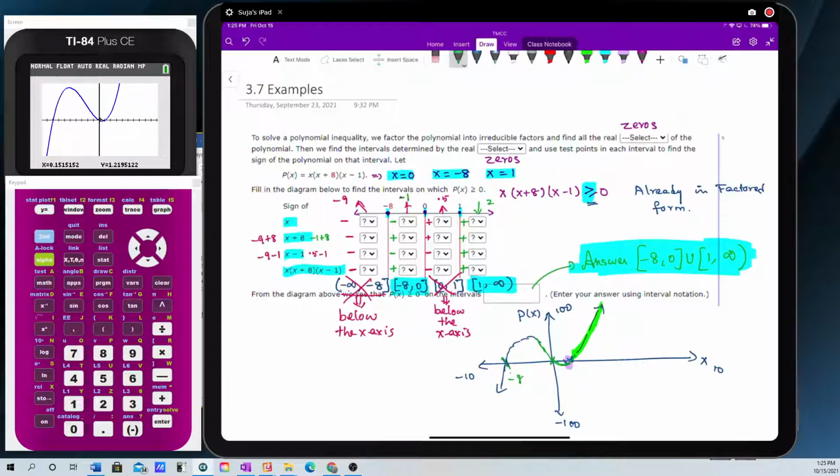So that was my 0. This was my 1. So this portion is below. So my final answer, because this is the piece that's above the x-axis, is from -8 comma 0 union 1 comma infinity. You can do these problems just with the help of a calculator too.